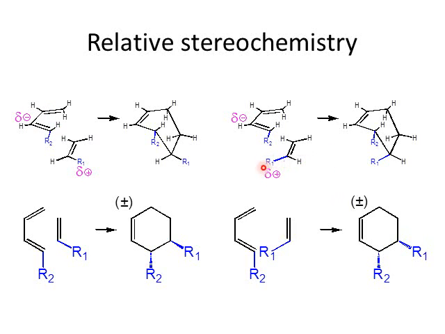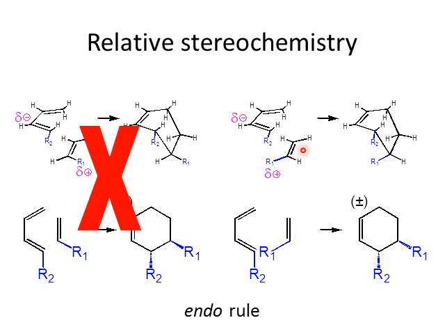On the other hand, if I've got an endo arrangement, this partial positive is close in to this partially negative, electron-rich pi system, and it turns out that's perfect. And so what we're going to see generally is the endo orientation is best, and that's going to selectively lead to a relative stereochemistry.